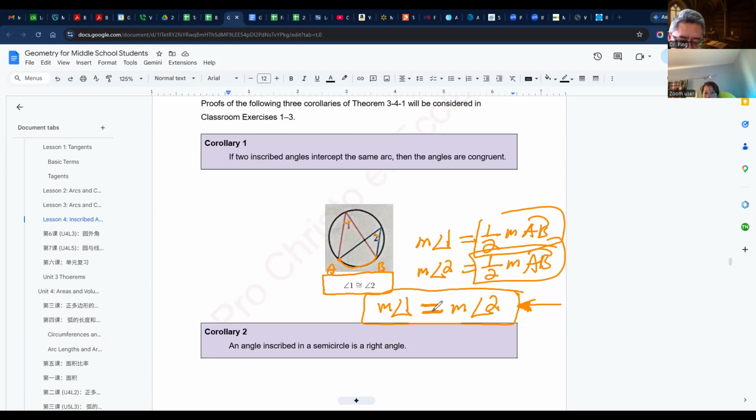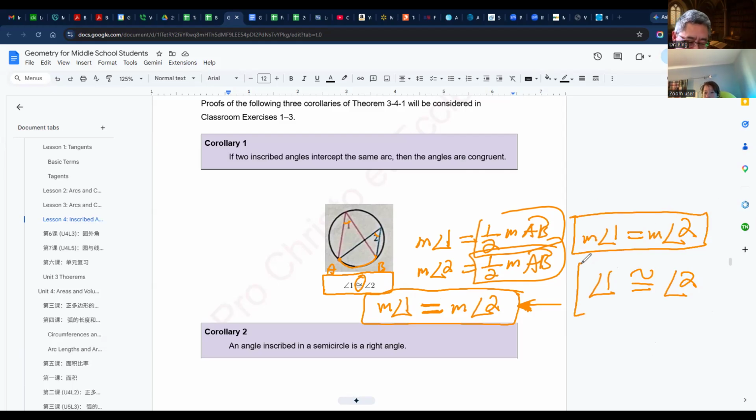With numbers, we use the equal sign; as geometric shapes, we use the congruency sign. When we see this versus this, we talk about the same thing, but with different emphasis. This one emphasizes that they have the same measure, and this one emphasizes the shape. We say those two have the same shape. If you put two angles together, they will fit on top of each other.